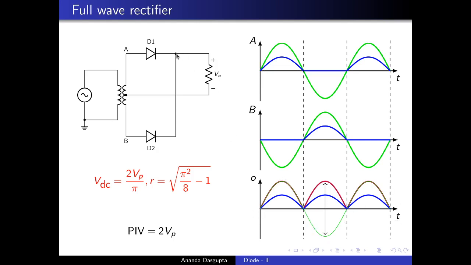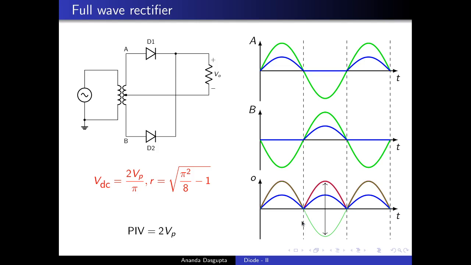What about the voltage at point B? Well, for this half of the cycle, voltage at point B exactly follows voltage at point A, which means the drop across diode D1 is 0. Of course, remember that we are actually ignoring the cut-in voltage and the other such non-idealities of the diode.